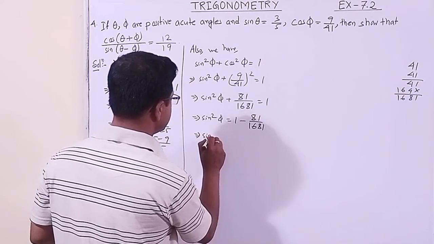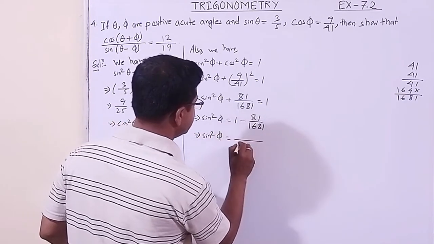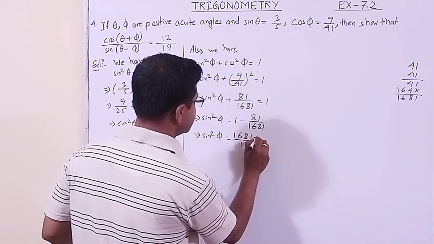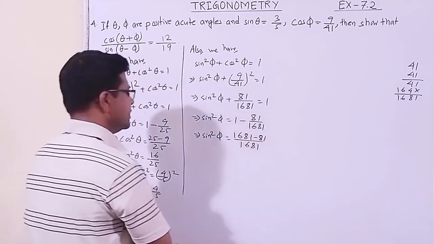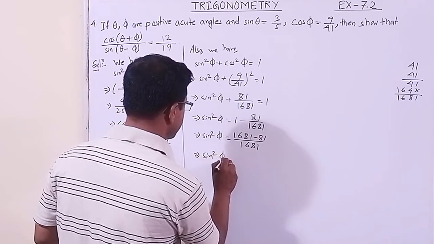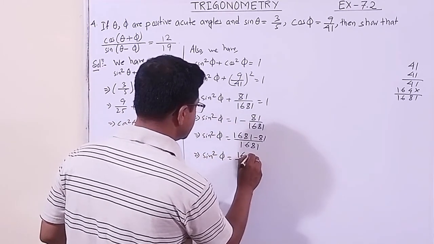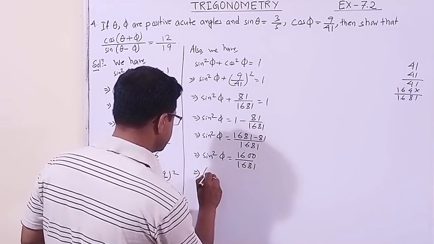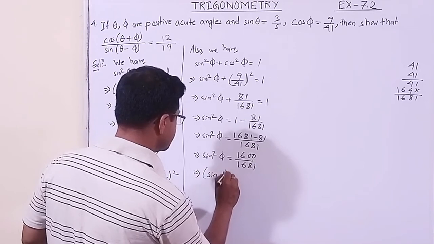So sin square phi is equal to, LCM is 1681, so 1681 minus 81. If we subtract there, what will we get? Sin square phi is 1600 by 1681.